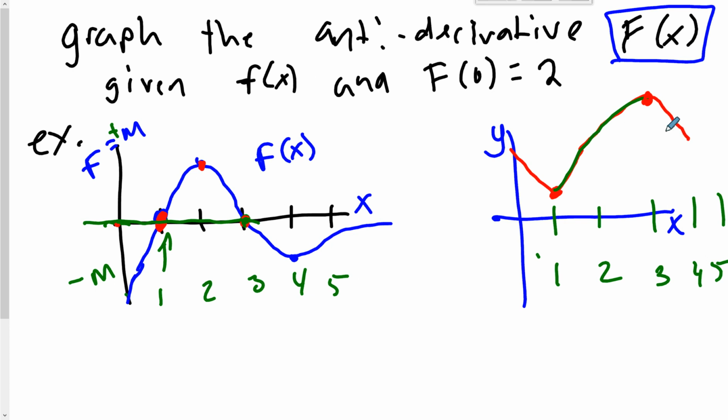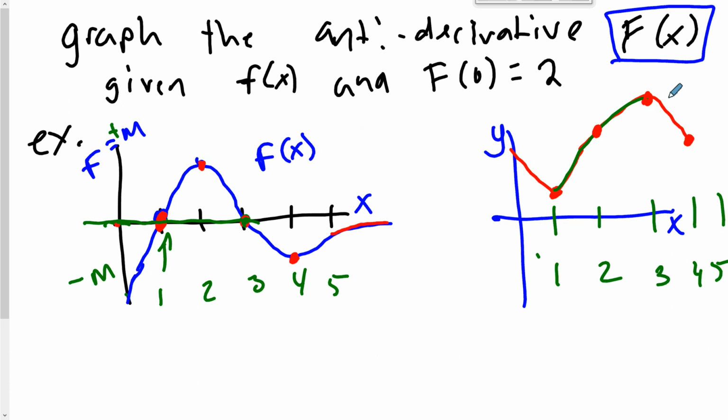And then at 4, it has a little max or min right there too on our derivative. So that means something's happening here at 2 and something's happening here at 4, but it's not a derivative. And then as we can see, we get closer and closer to a slope of 0. So when my slope is getting closer and closer to 0, my antiderivative would be getting closer and closer to a horizontal line. So we're evening out, but we are negative.